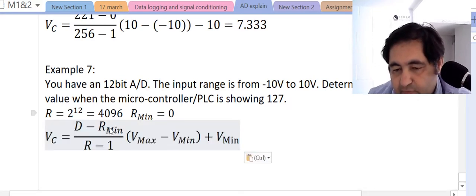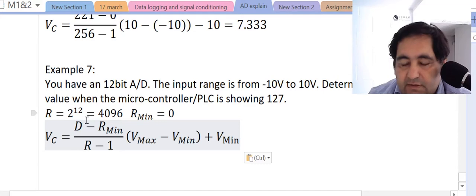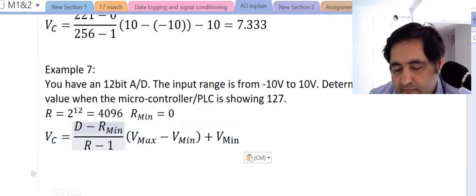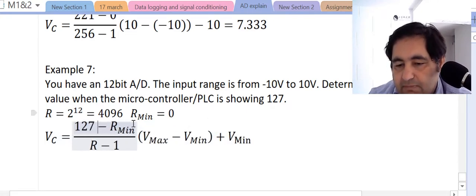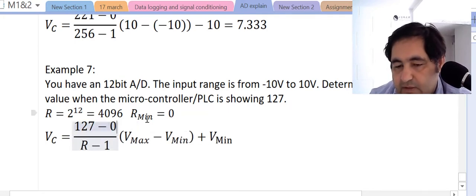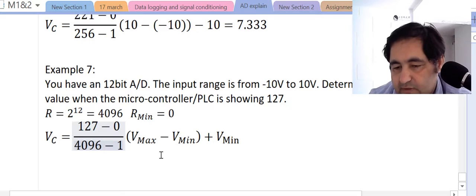So here is the formula for VC. The digit that I have is 127, the same digit. R min was 0. R was, in this case, 4096.